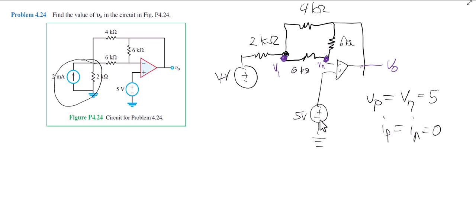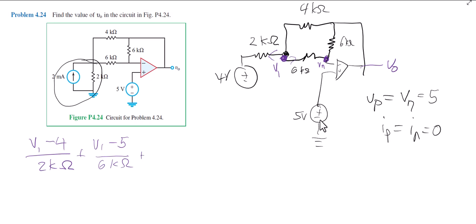So V1, I'm going to start going this direction. V1 minus 4 over 2 kilo ohms. I'm going to make sure I watch my work here. Plus, now going in this direction, V1 minus 5, because we know Vn is 5, over 6 kilo ohms.